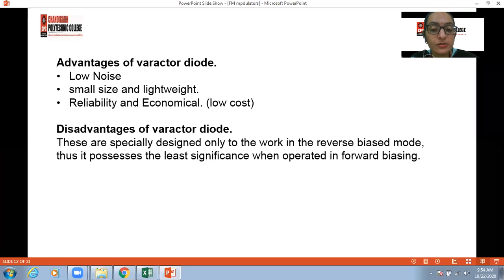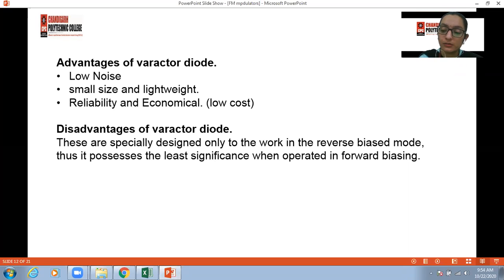This is the main point to keep in mind: when the Varactor diode circuit and the reactance modulator combine with each other, they provide automatic frequency correction of FM transmission, and they are widely used for remote tuning. Apart from the advantages and disadvantages, it is a two-terminal device with limited applications, and it can be widely used.